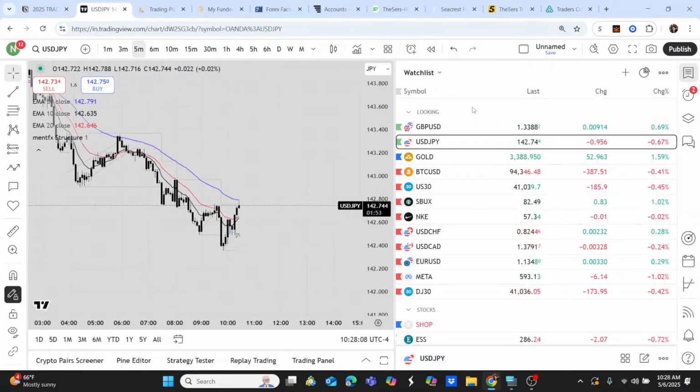Let me just delete all this area right here.